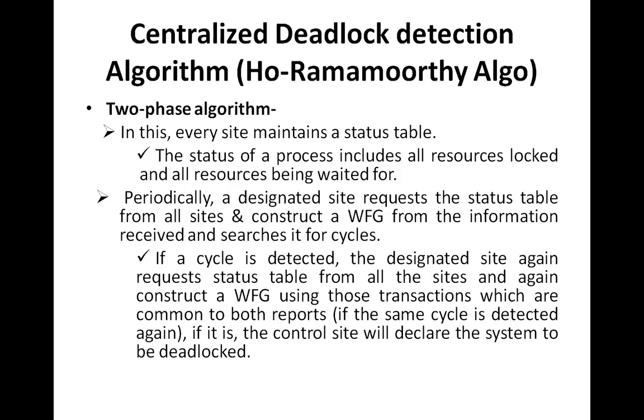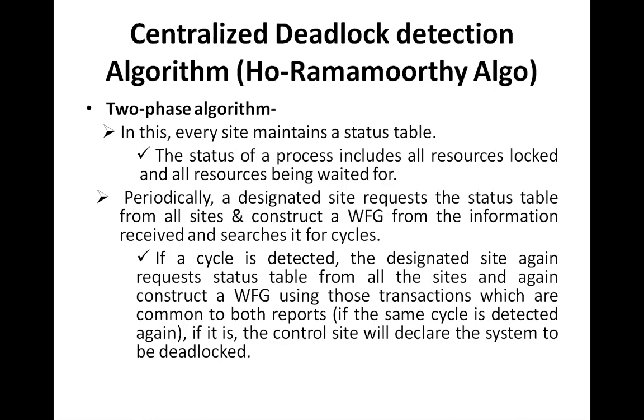However, this particular claim is proved incorrect, because it may be possible that a cycle in the wait-for condition of the transactions common to both consecutive reports does not imply that there is a deadlock. So in that case, this two-phase algorithm may report a false deadlock.